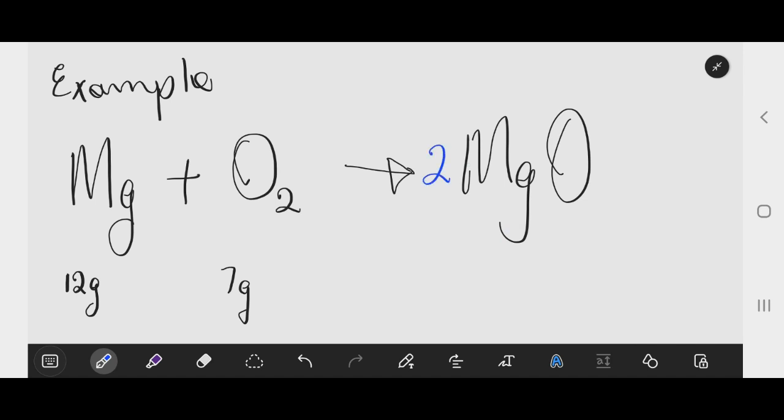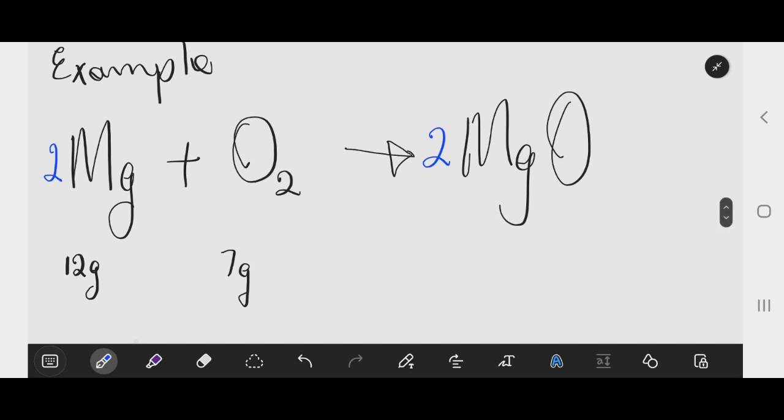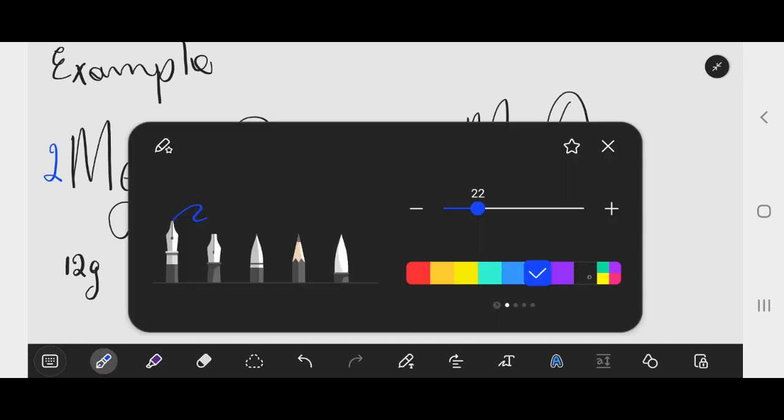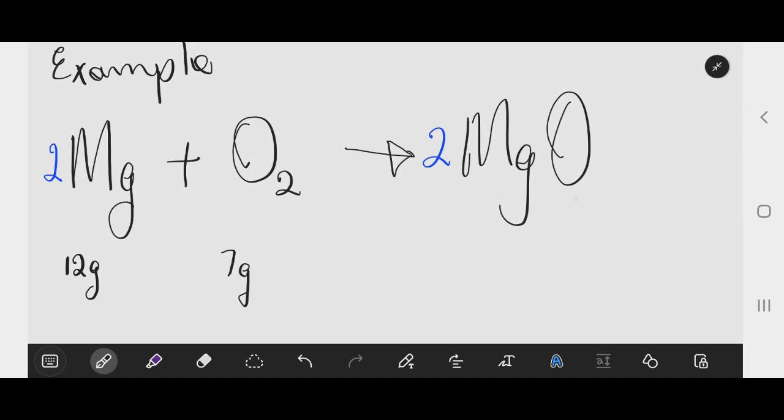And if we balance the reaction, we'd have 2 MgO and 2 magnesium, right? We have 2 magnesium on the left hand side, we have 2 magnesium on the right hand side. We have 2 oxygen and we have 2 oxygen. So the reaction is balanced, right? So we are going to produce the product MgO, which is magnesium oxide.